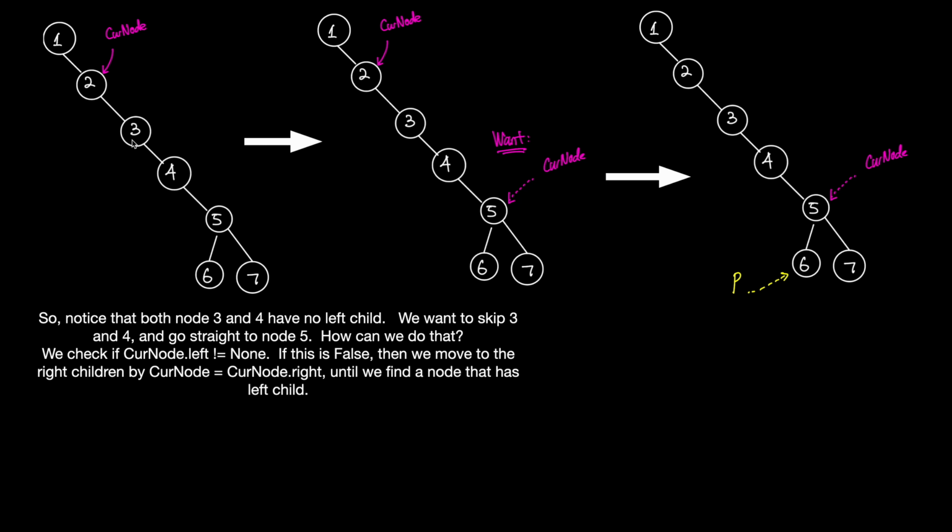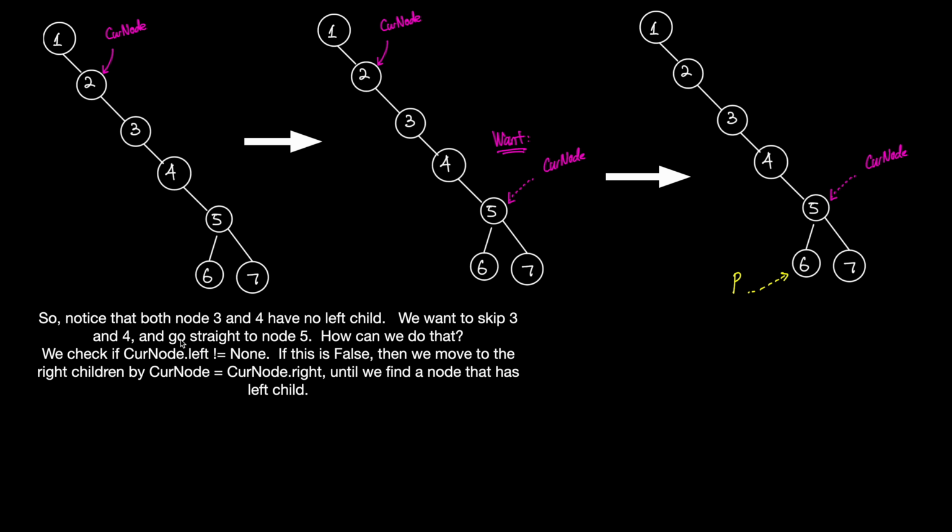And now notice that for both node 3 and node 4, we do not have left children. So how do you skip all these? We first check if current node dot left is not equal to none. In this case, current node dot left is not equal to none. However, for both 3 and 4, this statement is false.